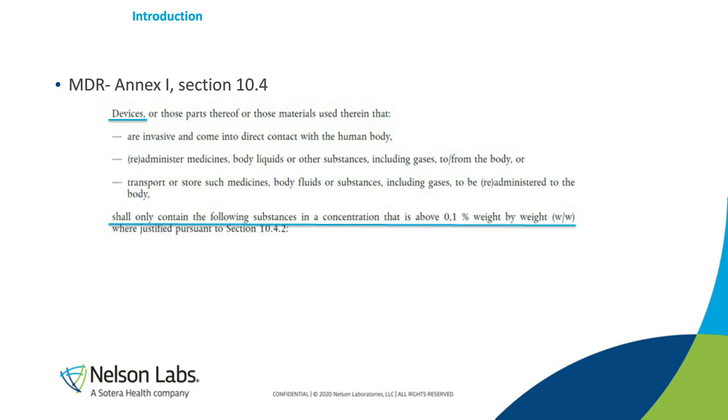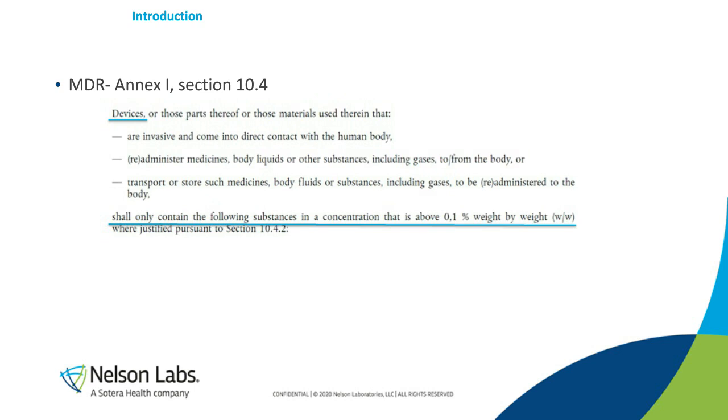Devices or those parts thereof, the materials that they're in, and then it goes down to having to contain anything above 0.1% by weight of a CMR present. So basically, interpreting the legalese here, if in your device you have more than 0.1% by weight of a particular CMR, you have to label that device as having that CMR.